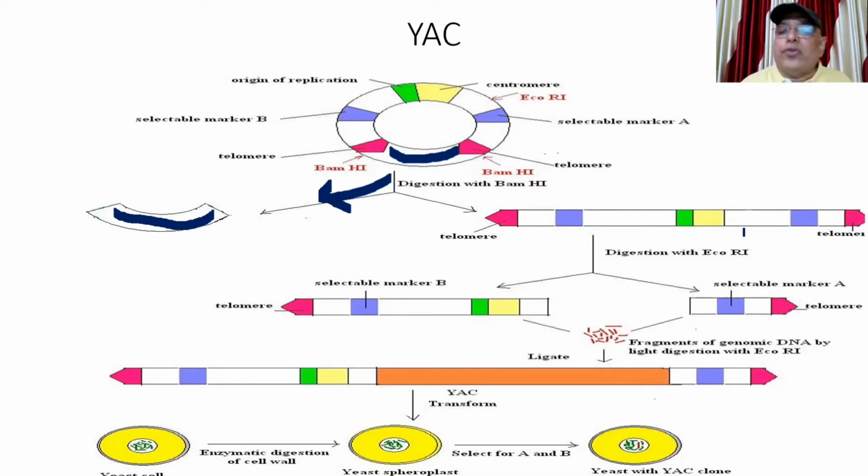Now this EcoR1 site is cut. That is, the restriction endonuclease EcoR1 cuts it, and here you have got the fragments, and the fragment of genomic DNA that is to be replaced has been cut off. Here you see an entirely new fragment of DNA.